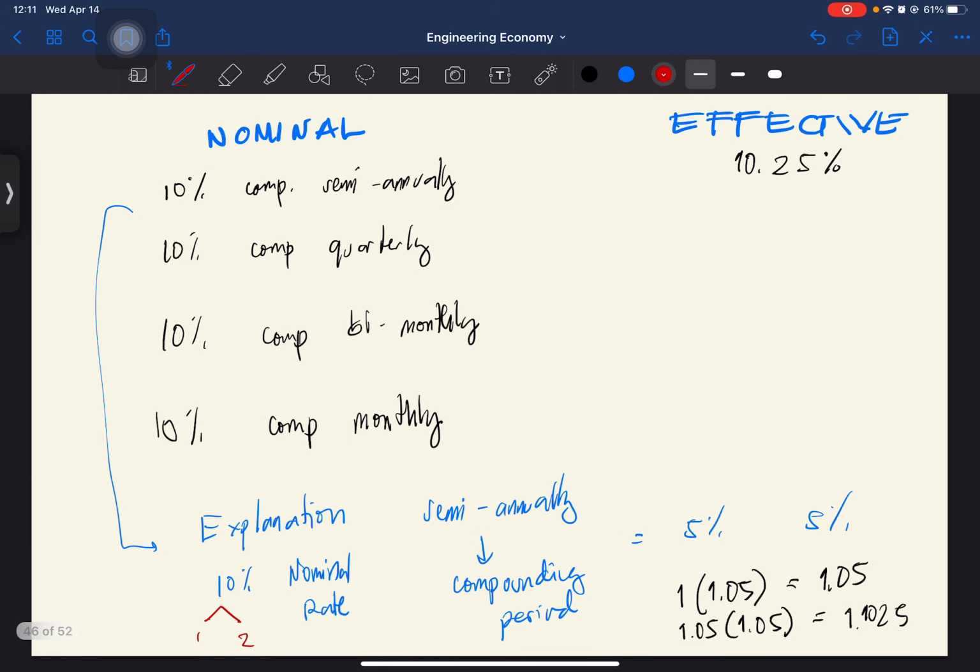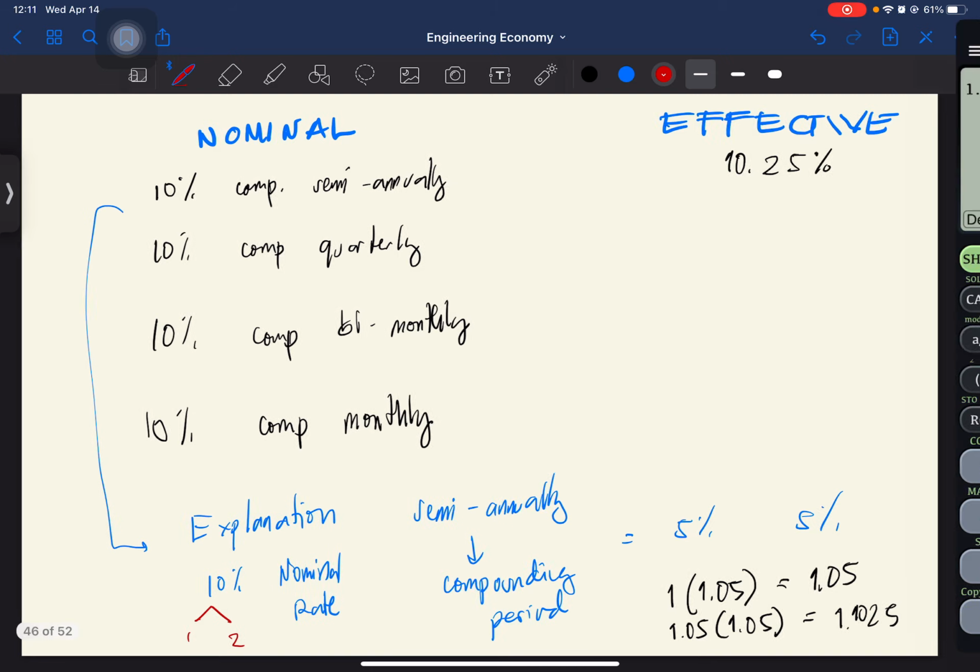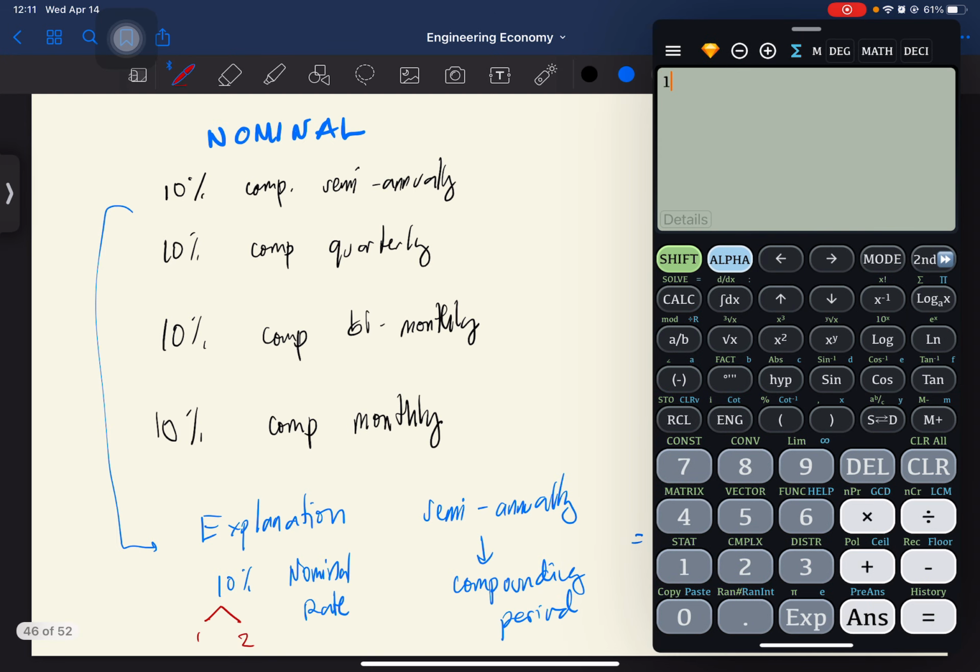So, 10% compounded quarterly. Bale sa 10 divided by 4, di 2.5. Every quarter, magko-compound ng 2.5% yung pera mo. Kung 1 piso yung pera mo, magko-compound ng 0.025. And that will happen for 4 times in a year. Tama ba?